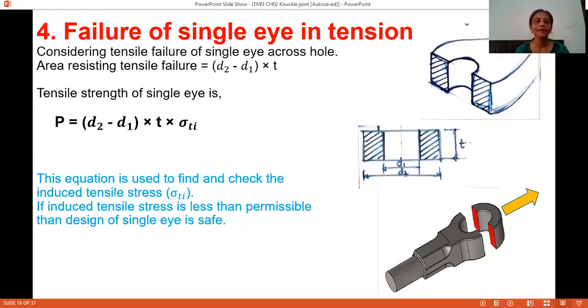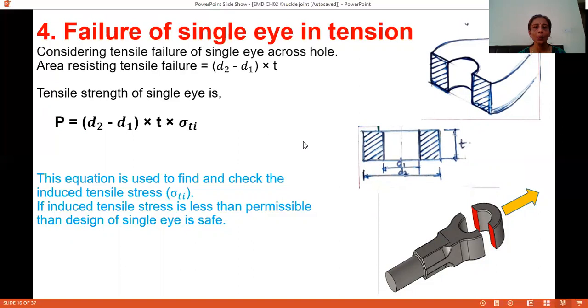Fourth step, we will see the failure of single eye in tension. When we consider the failure of single eye, it will take place across the slot, across the hole, because there it has minimum area. The same diagram we can see in the two-dimensional view. We can make the equation of area resisting failure, which will be d2 minus d1 into t.